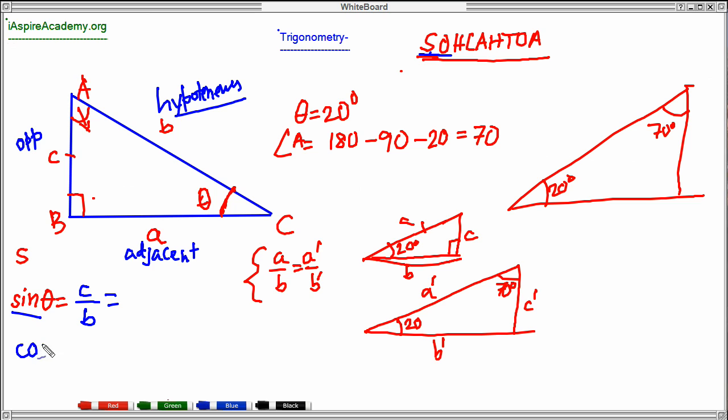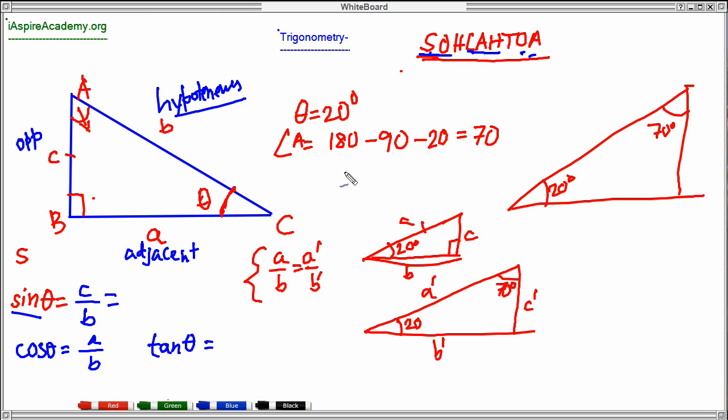Now, cosine theta is CAH. That means A is adjacent, H is hypotenuse. So adjacent is our A, hypotenuse is again B. And then tangent, which is tan theta, is equal to TOA.